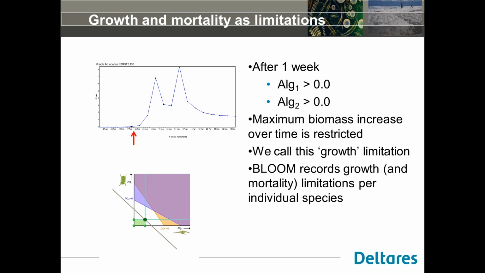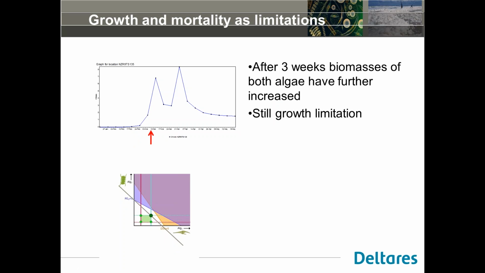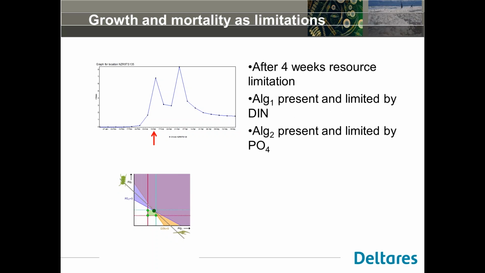And again, as with resources, Bloom records growth and, by the way, also mortality limitations for individual species. After 3 weeks, biomasses of both algae have further increased, but there's still growth limitation. After 4 weeks, however, we find the same solution that we had previously.